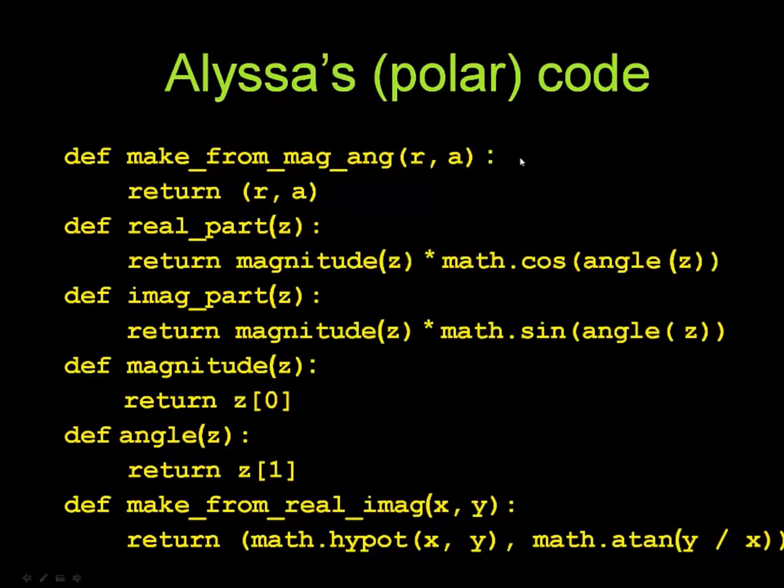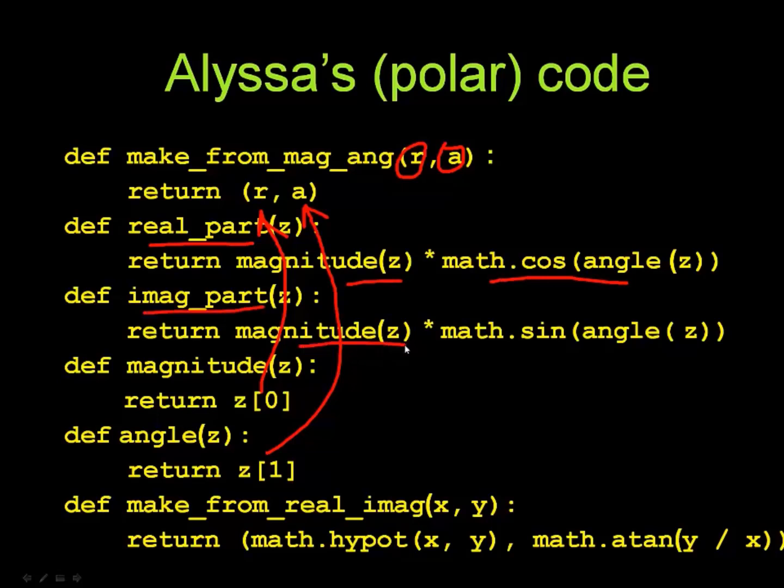Now for the polar coordinate version, we can store r and a instead of x and y. R is the magnitude and a is the angle. The magnitude is now the first thing, and the angle is now the second thing. The real part is r cos theta: you take the magnitude and multiply by the cos. And the imaginary part is r sine theta.